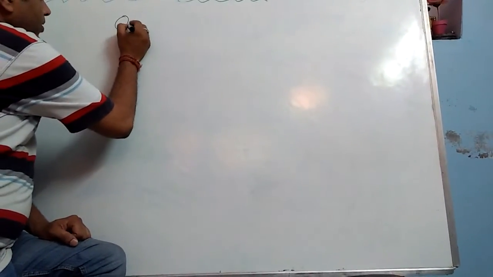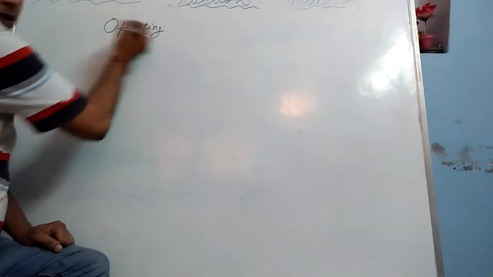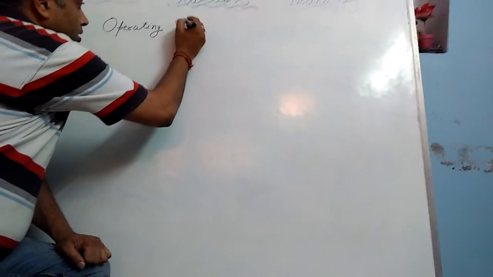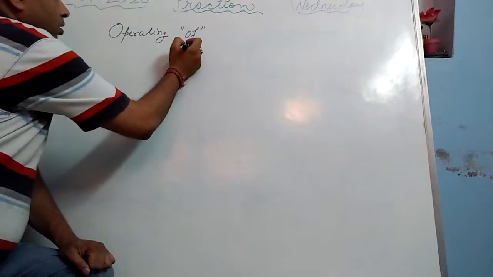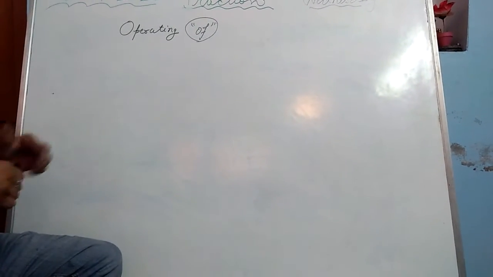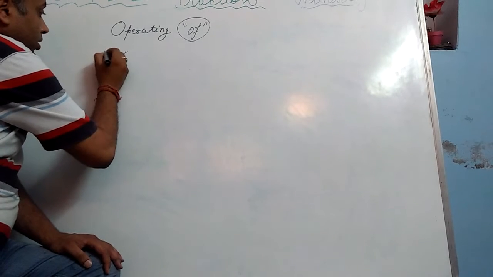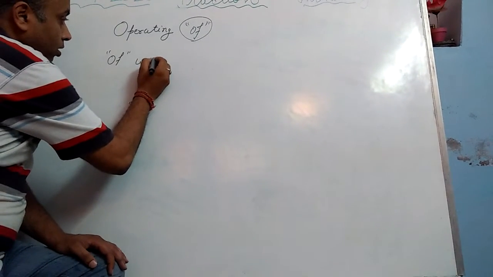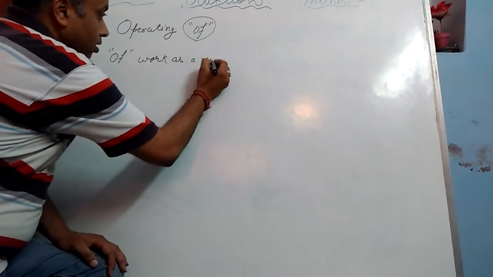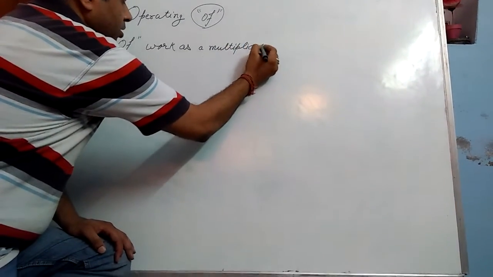Now my next topic is operating "of". Here in sum, this word "of" is given. What does it mean? Here in my sum, my "of" works as a multiplication.